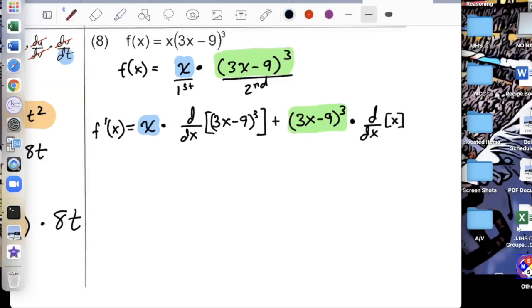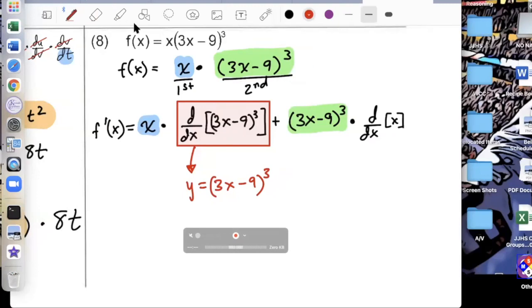So we kind of look at this as its own separate problem. So here we have some equation, y equals 3x minus 9 cubed. I have a function within a function. So we could use our chain rule there.